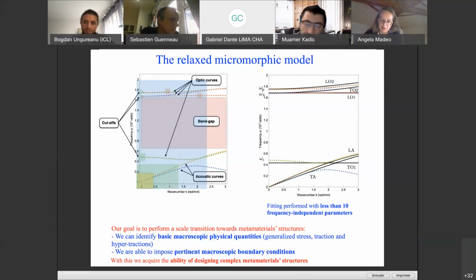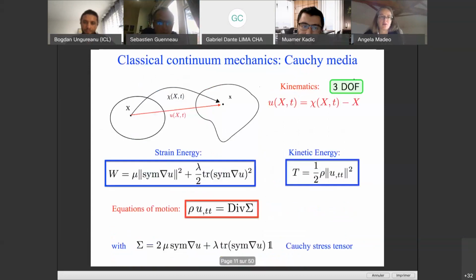So for micromorphic, I will not give too many details because calculations become too complex, but we can start following the ideas and the concepts which are behind with something we are acquainted with.